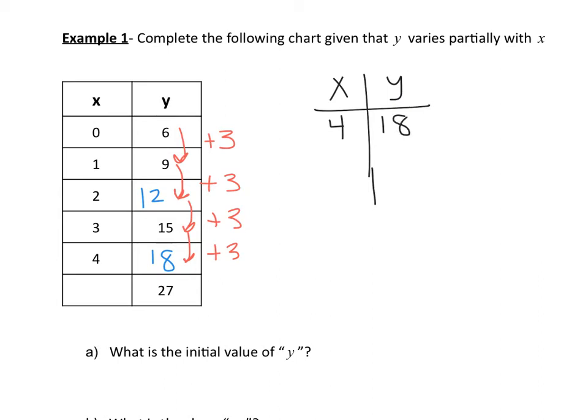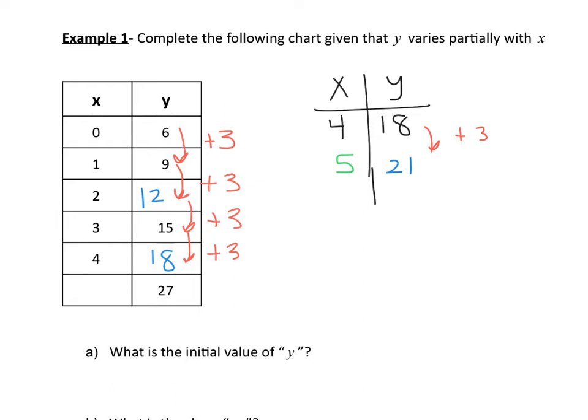And so I'm just going to continue my pattern of adding 3 in order to generate the remaining values. My y value, if I do 18 plus 3, should be 21. And then the corresponding x value that goes with that should be 5, because remember, our x values are simply increasing by 1. So my next data point would be 5 and 21.